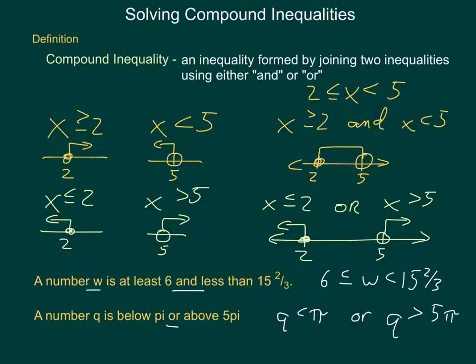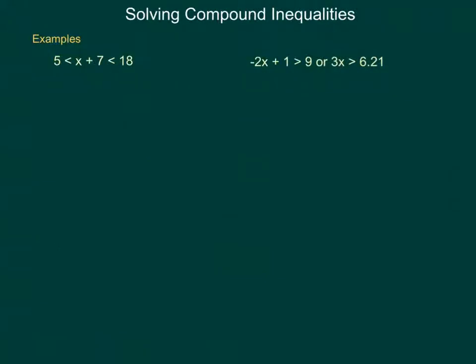So let's take a look at how to solve some of these compound inequalities. Our first one, 5 is less than x plus 7, which is less than 18. Now this looks a little different than what you're used to, but with a compound inequality, we can write it as a single sentence, so we have our and situation here all put together.